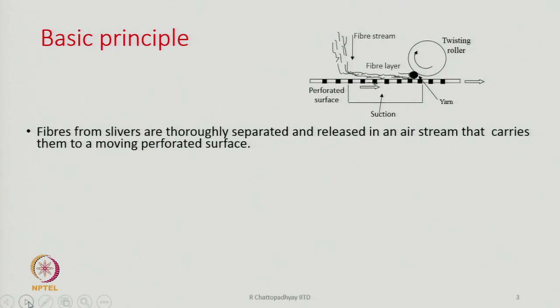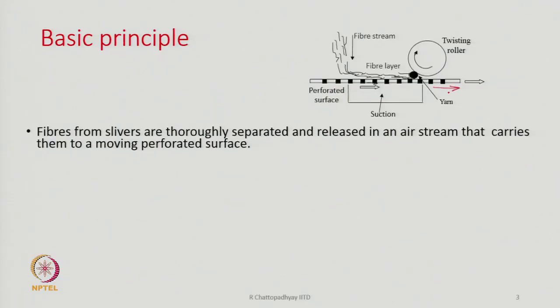Fibers from a sliver or from a group of slivers are thoroughly separated from each other by some means, mostly with the help of opening rollers, and these separated fibers are then released in an air stream that carries them to a moving perforated surface, like it is shown here.